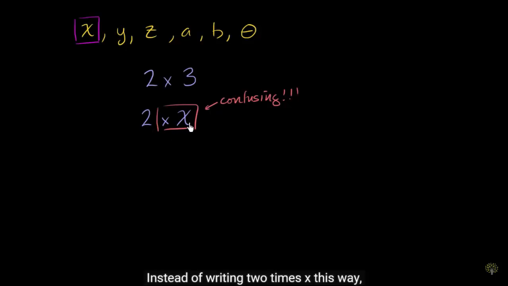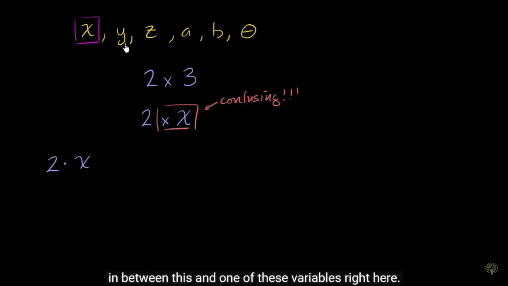Instead of writing 2 times x this way, we could write 2 dot x. And this dot, I want to be very clear, is not a decimal. This is written a little bit higher, and we write this so we don't get confusion between this and one of these variables right here. But this really can be interpreted as 2 times x.